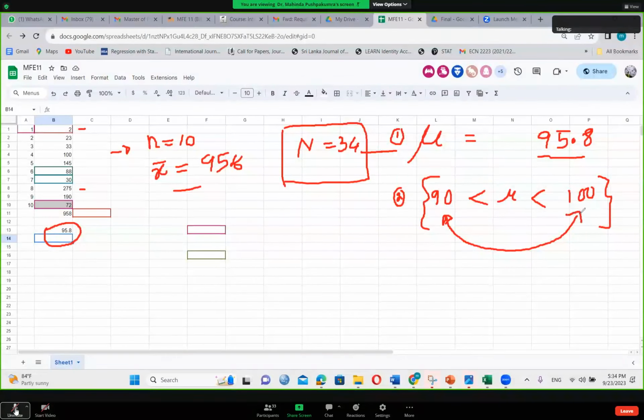Which one is correct? Now there are two statements I have. Which statement do you accept? Second one. Yes. What is the reason?